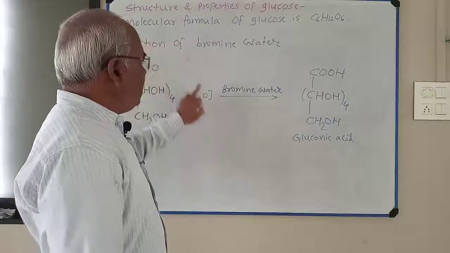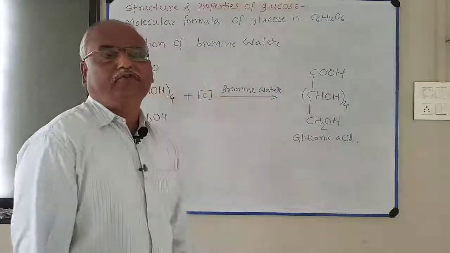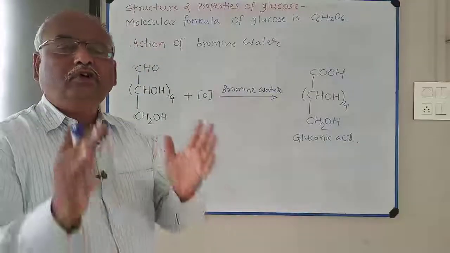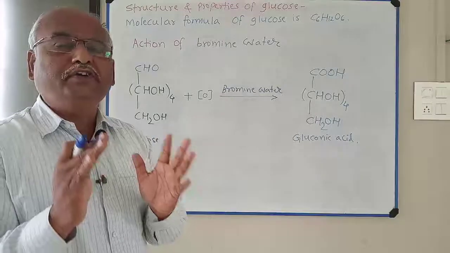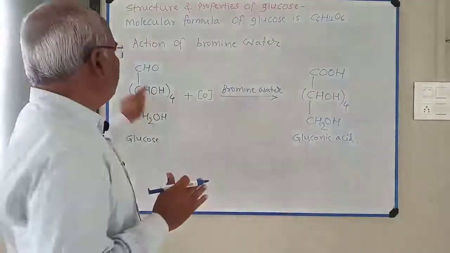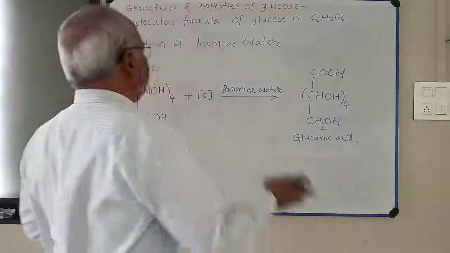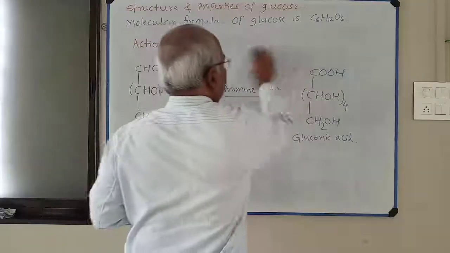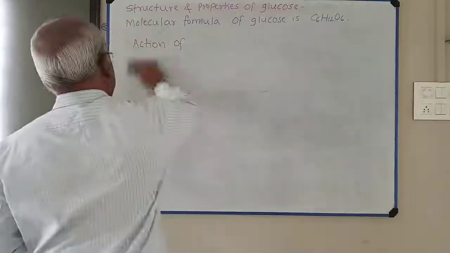Aldehyde on oxidation gives carboxylic acid. So it was decided that carbonyl group present in glucose is in the form of aldehyde. After completing this reaction, I am going to explain next evidence or next reaction.